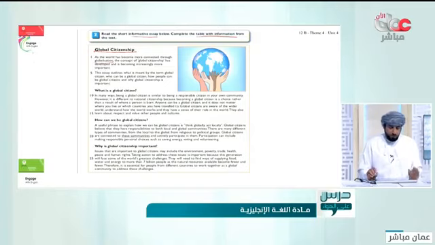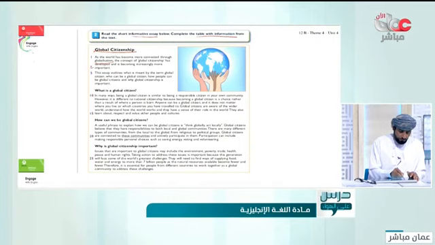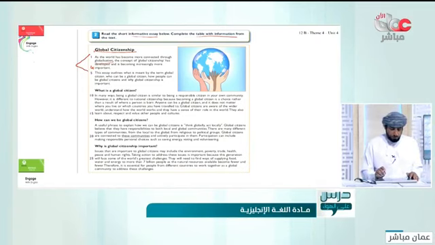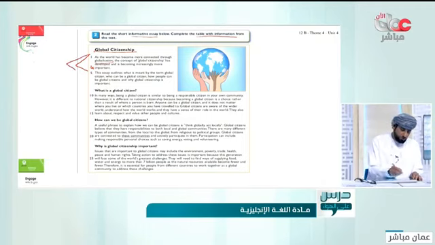So look, from line 1 to line 4 I can call it introduction. As for this essay, it outlines what is meant by the term global citizen, who can be a global citizen, how people can be global citizens, and why global citizenship is important. So from line 1 to line 4 is introduction. Also from line 1 to line 8 is introduction.